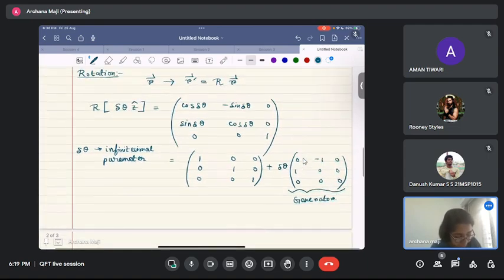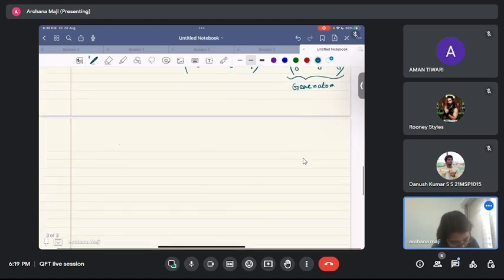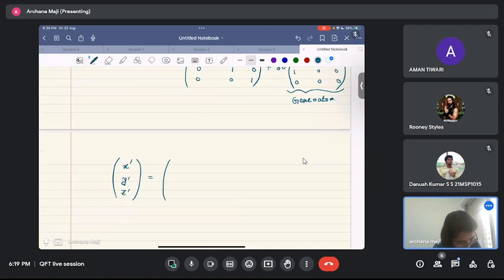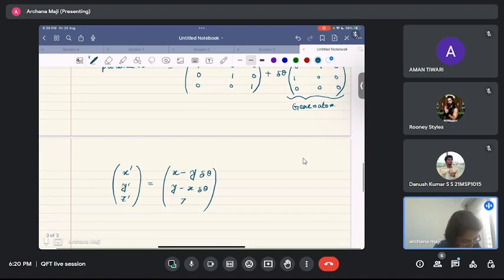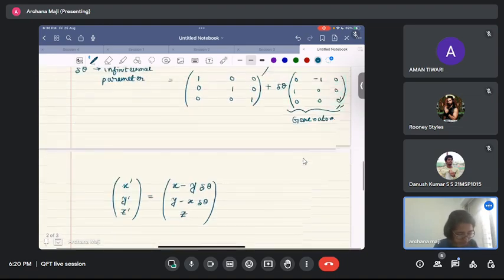Let's call the transformed vector r vector plus delta r. Your initial vector was, let's say, x, y, z, and that has been modified to x prime, y prime, z prime, which is equal to x minus y delta theta, y plus x delta theta, z. Is that clear?